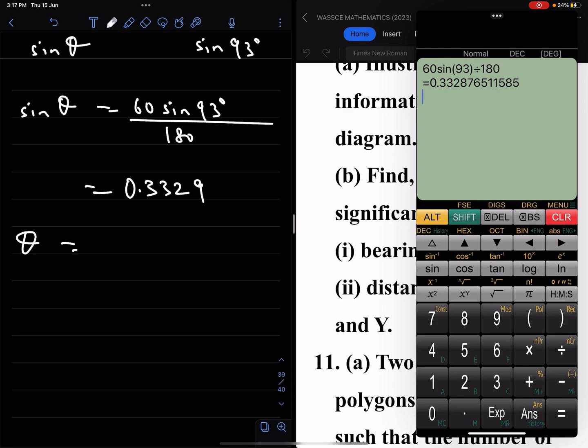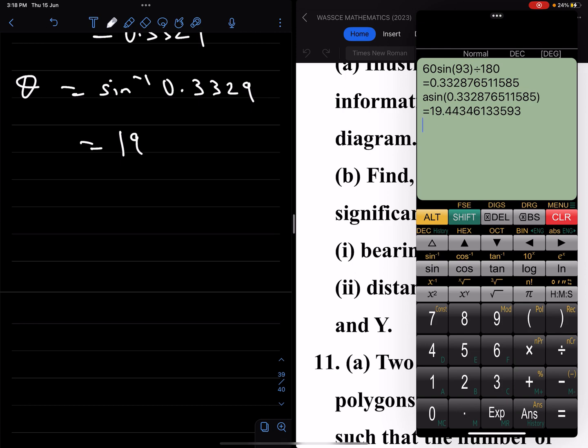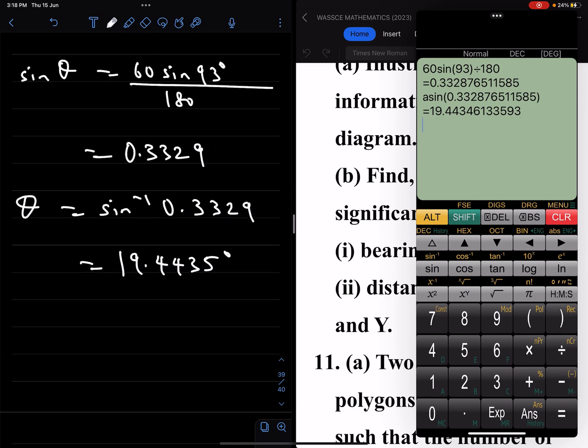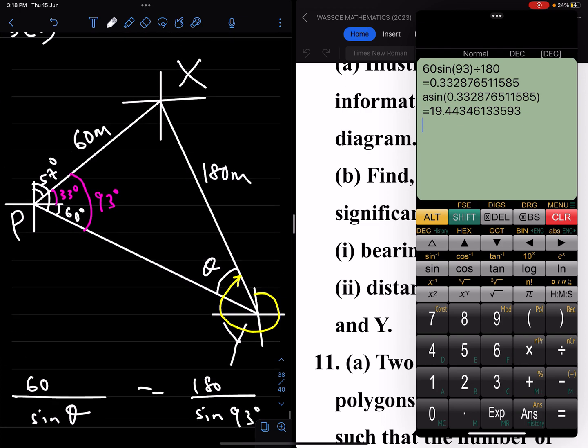So theta is therefore the sine inverse of 0.3329, and that's 19.4435 degrees.